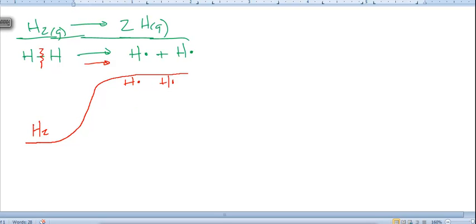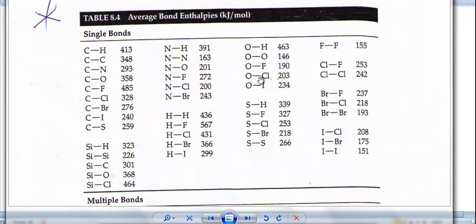And we can actually look up how much energy it would take to break that bond. This is where I want you to check your notebook and make sure that you have this handout. You've got to have this table of bond energies in order to do these exercises. If we look up the hydrogen single bond, we can see that the bond energy is 436, and the units for that you find up here: kilojoules per mole.